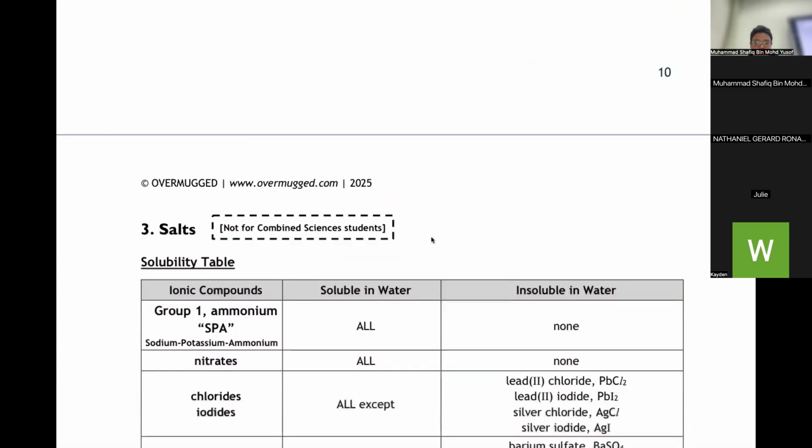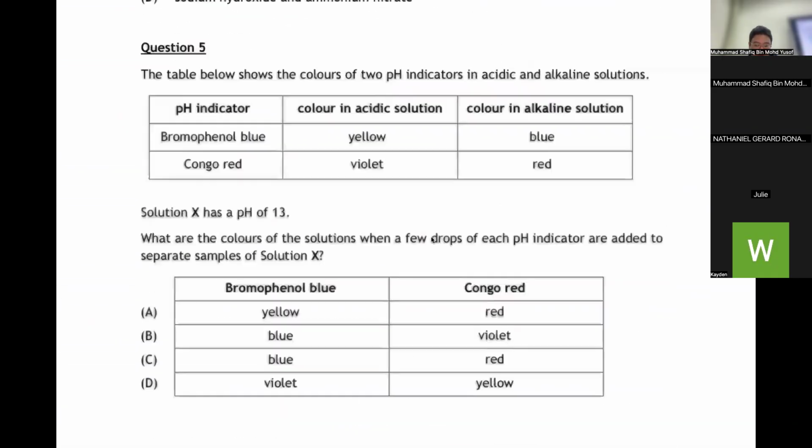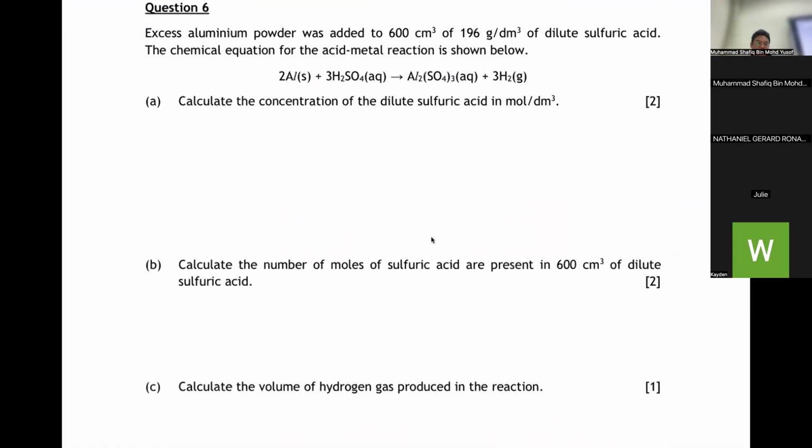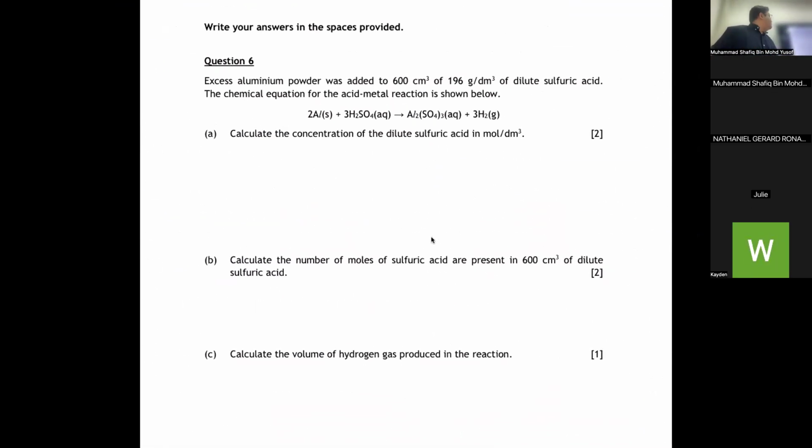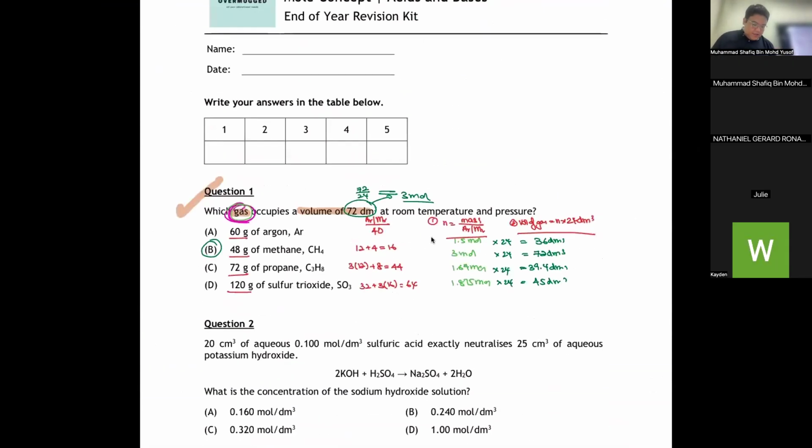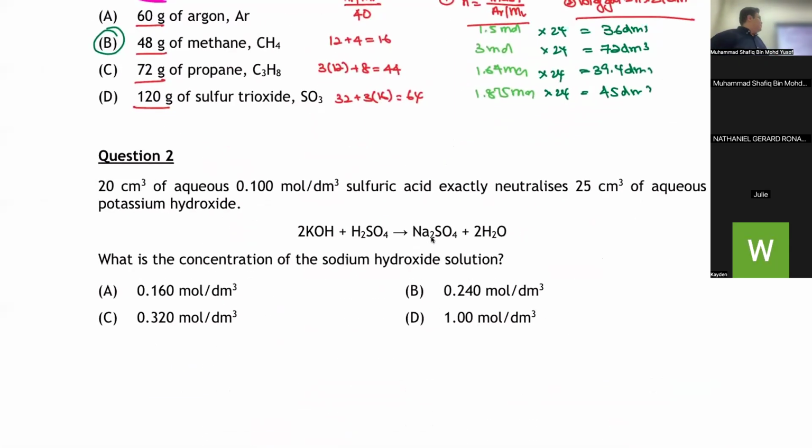Okay, all right. So anyway, let's take a look at some questions on mole concept first. So again, flip to all the questions at the back. Can you all turn to question number 6? Sorry, question 2, sorry, I forgot. Okay, can I give you all about 2 minutes? Can you all try this question? Question 2. This one, no limiting, no excess.